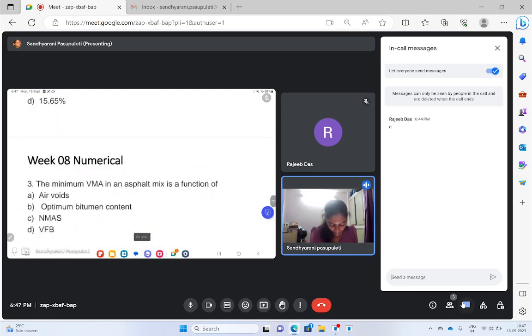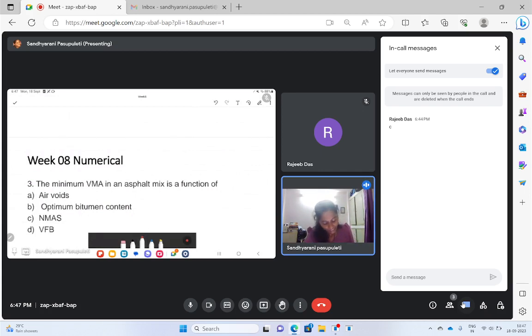And the next question is: the minimum VMA in an asphalt mix is a function of what? Voids in mineral aggregates were also discussed previously. When I say VMA, that means minimum voids are required. Why? Because if I have minimum voids, that will facilitate the place for bitumen, especially the effective bitumen.